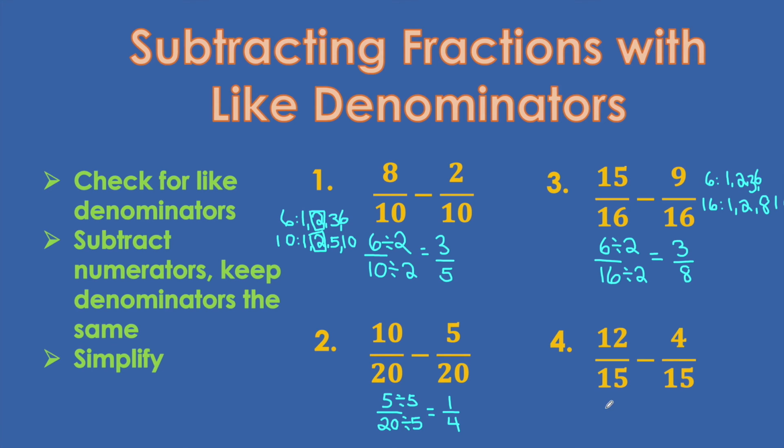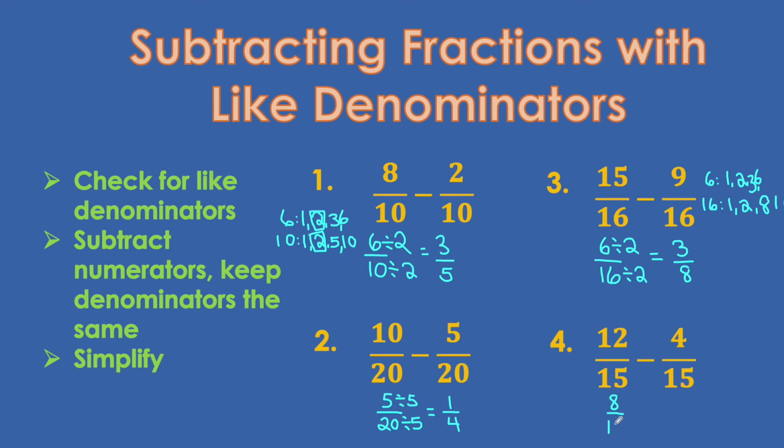Now let's look at the final example. 12/15 minus 4/15. Check to see if the denominators are the same. They are, 15 on the bottom as a denominator for both fractions. Next, we subtract the numerators. 12 minus 4 equals 8. Keep the denominator the same.